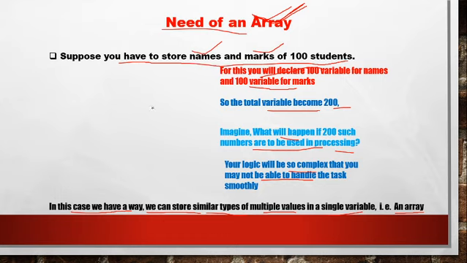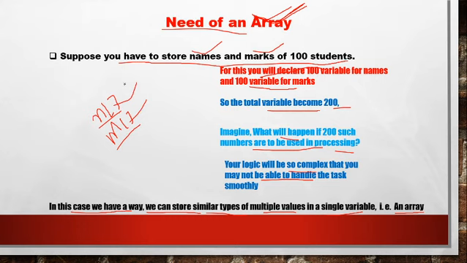One variable will be named n with a subscript, and the other marks, m with a subscript. So this is the way. In n we can store 100 names, and in m we can store 100 marks.